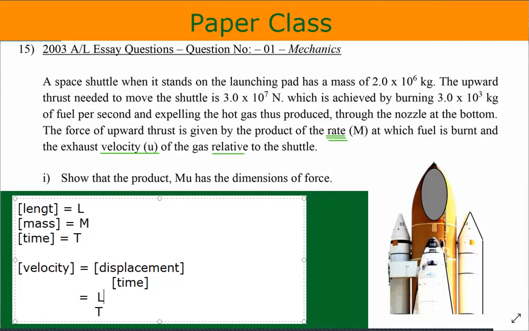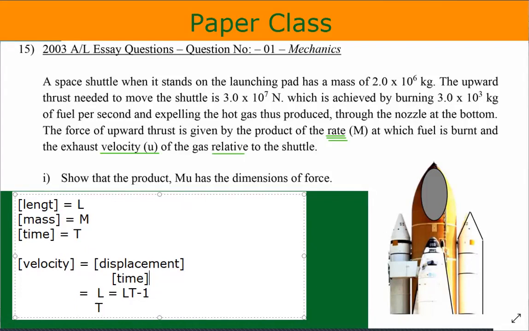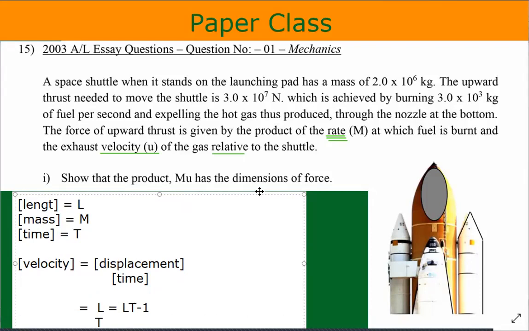Then we get the dimension of velocity as LT to the power minus 1. Simply, you can say LT minus 1 if you want.